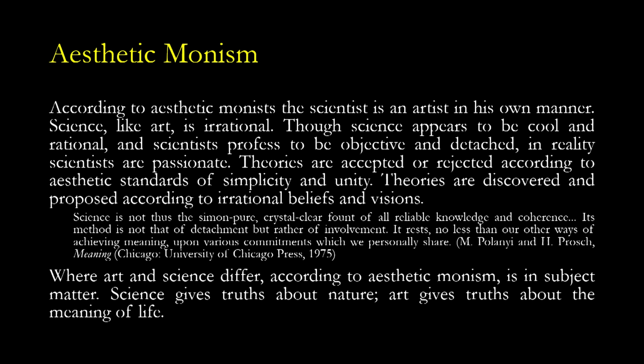Whereas science gives you truth about nature, art tries to give you truth about life. So, this is where they differ, otherwise there is not much difference between the two. So, these are the two monoistic views about science, technology and art.